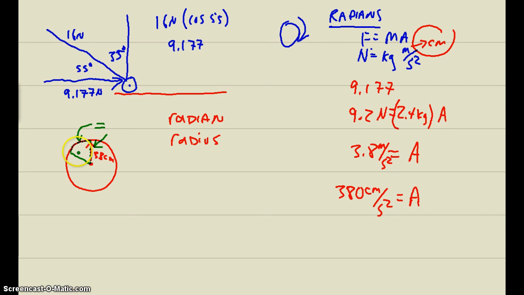Yes? And so when that happens, we can draw a line from the center to this end point right here, and that is a radian. That is 1 radian for this particular circle, because this circle has a radius of 3.8. This is a radian right here.